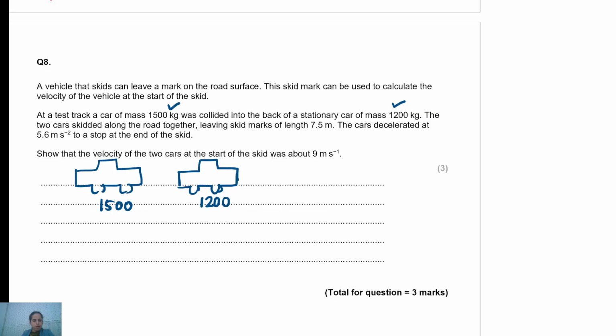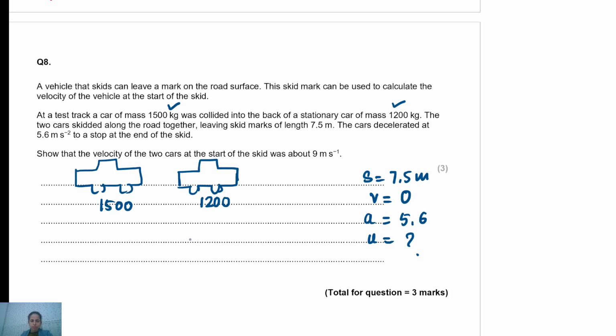The cars decelerated at this much to stop at the end, so my final speed is 0. Acceleration is 5.6. Oh, this is easy, isn't it? They're asking, at the start, what is the velocity of the two cars?